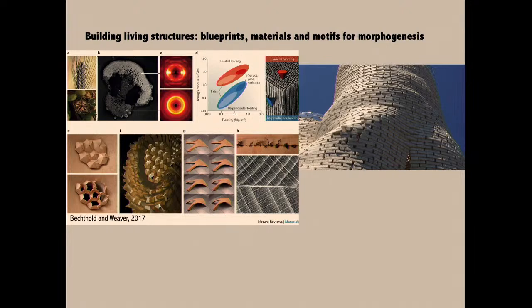And what you see here is from a review in Nature Reviews Materials that looks at the properties of materials used in construction, but that are actually biologically derived, right? So here you can see the living structures from which some of the materials we're talking about have been derived.